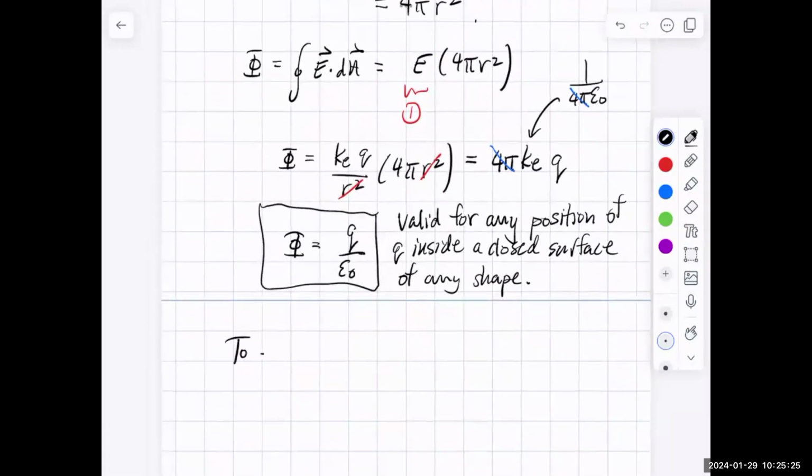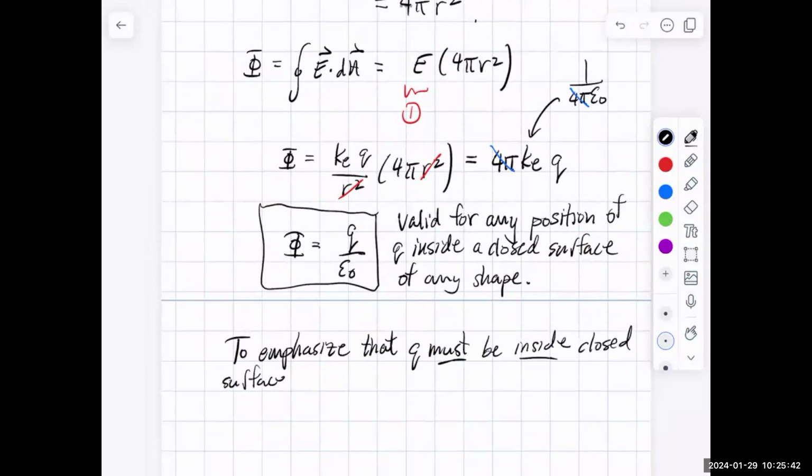So to emphasize that Q must be inside the closed surface, we usually add a subscript, Q enclosed.